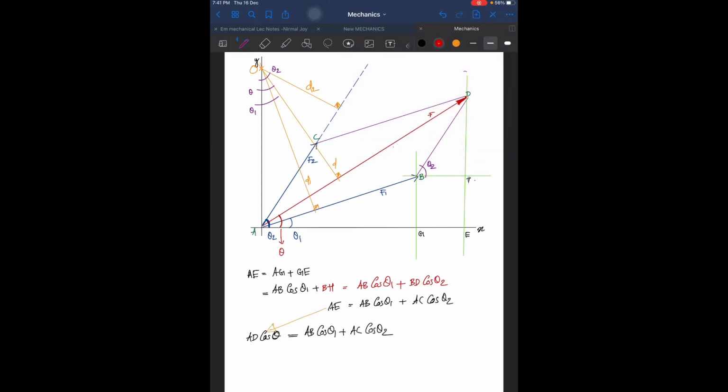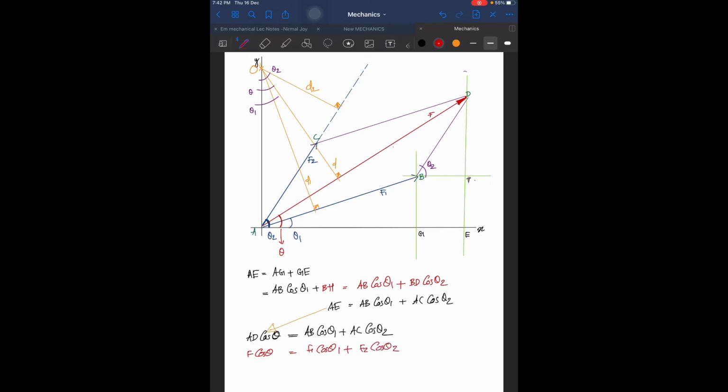So let us substitute the values of AD, AB and AC over here. In fact, this was cos theta, not cos theta 1. I made a mistake, I'm sorry. It's cos theta, not cos theta 1. AD happens to be F. So F cos theta has to be equal to AB, which is F1, F1 cos theta 1, plus AC, which is F2, F2 cos theta 2.